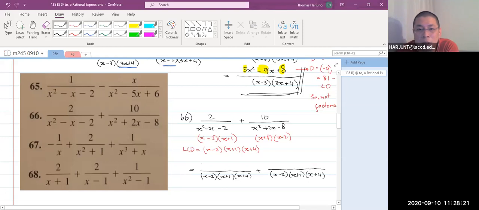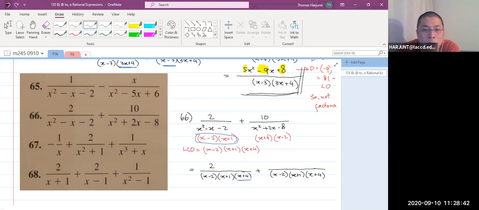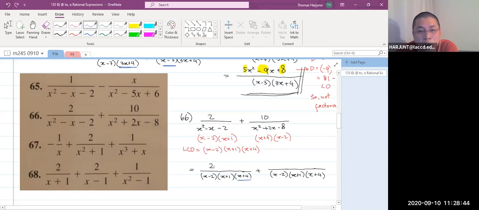And then the 2 is already up there on the first fraction. What was the one missing originally? x plus 4, right? It was not there. Originally, we have only x minus 2 and x plus 1. So x plus 4 was the new factor, and I will multiply the top by that new factor.